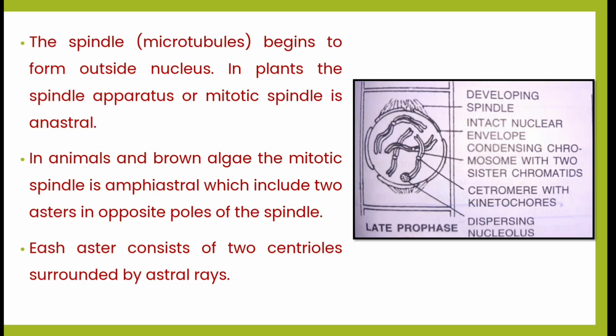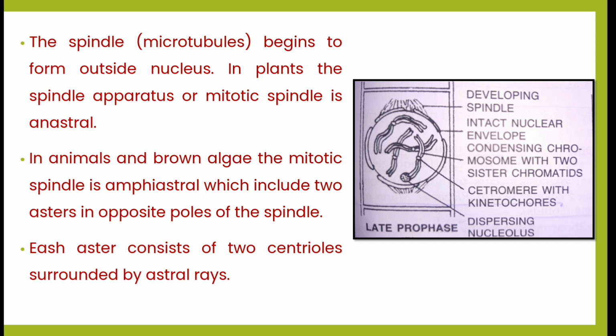The spindle or microtubules begin to form outside the nucleus. In plants, the spindle apparatus or mitotic spindle is anastral. In animals, the mitotic spindle is amphiastral, which includes two asters formed at opposite poles of the spindle.